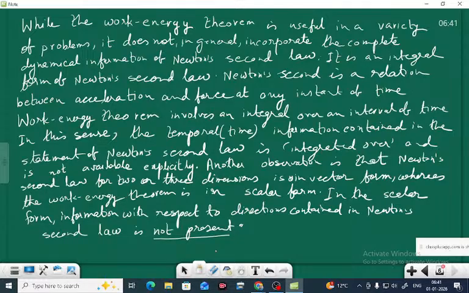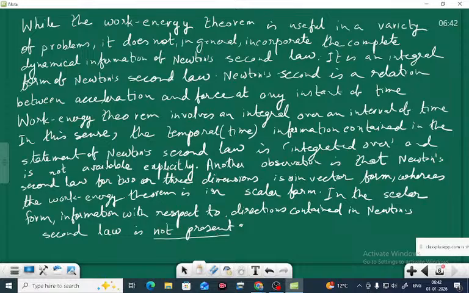So what we get at the end is that though the work energy theorem is in scalar form, Newton's second law of motion shows direction. So there is a contradiction here for the work energy theorem for variable force, right? Because we have considered here only one-dimensional motion. But if we consider two or three-dimensional motion, then direction is concerned.